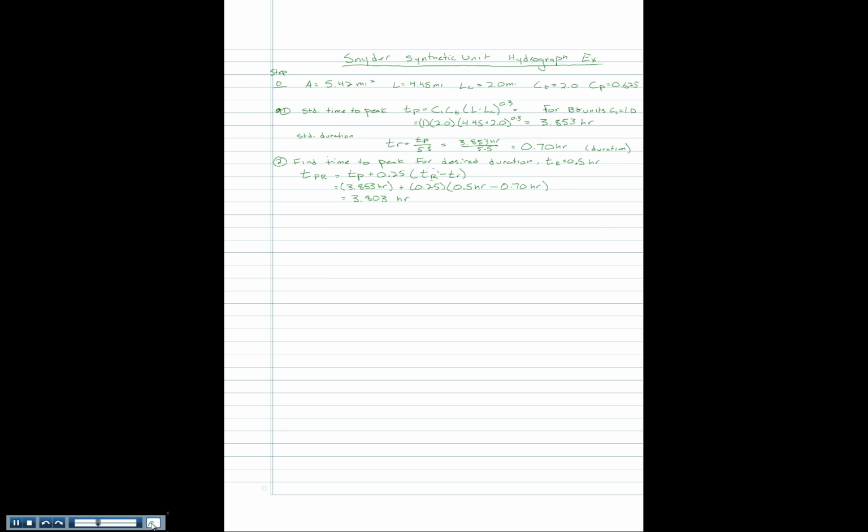So just to illustrate that, here's time and here's Q, and we're going to end up with a hydrograph shape that's triangular like that. For some rainfall duration, this is representing how long it's raining. From the middle of the rainfall to the peak, that represents the T sub PR of 3.803 hours. That's just been calculated. And step 3 is to find the peak discharge.